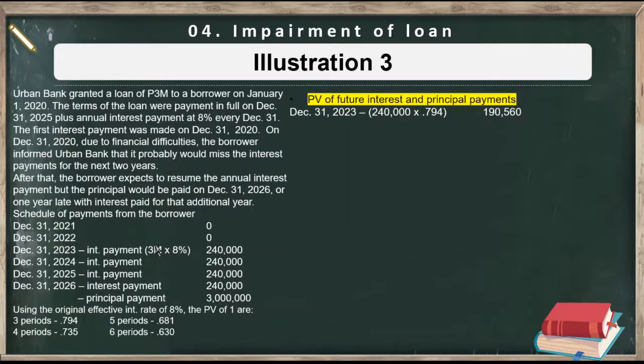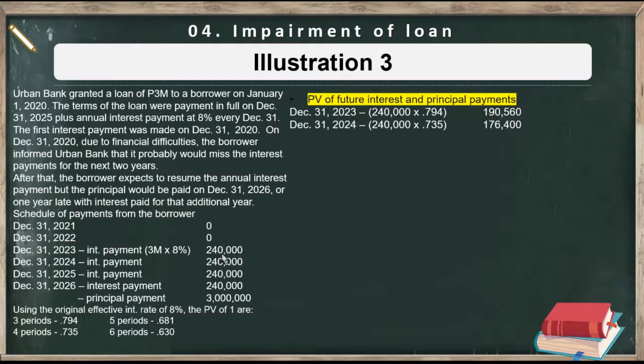So after 3 years, you have 190,560. Then you have on December 31, 2024, so that's 176,400. So just multiply the present value factors here by the interest payment.